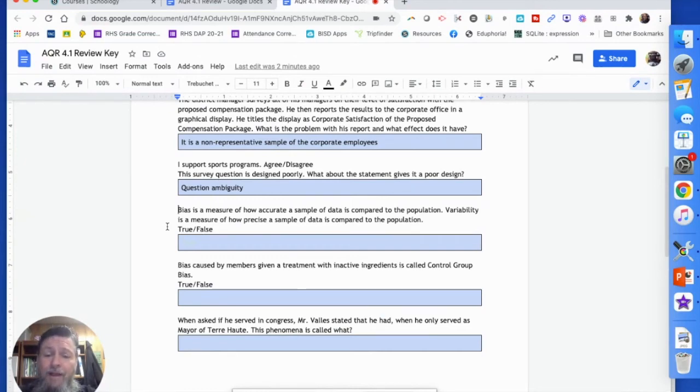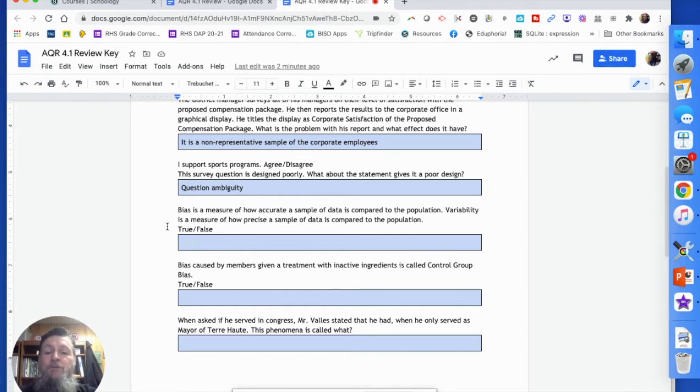Bias is a measure of how accurate the sample of data is compared to the population. In other words, if the data results of an experiment or some observation are very close to what we believe the population is, then it's considered accurate and it's low bias.